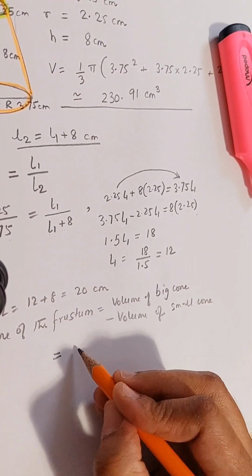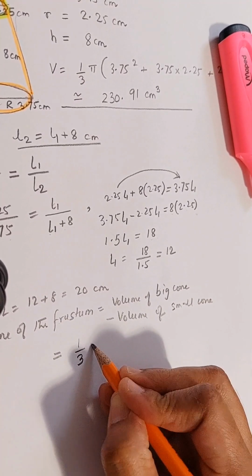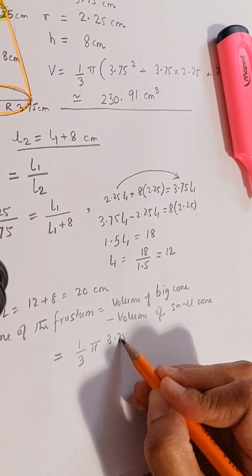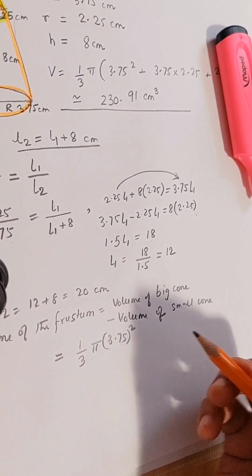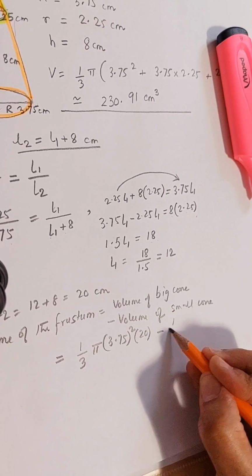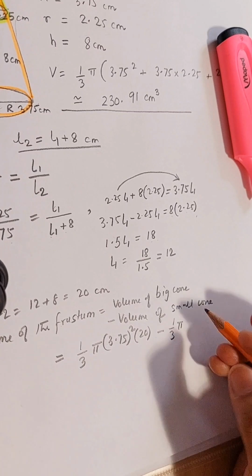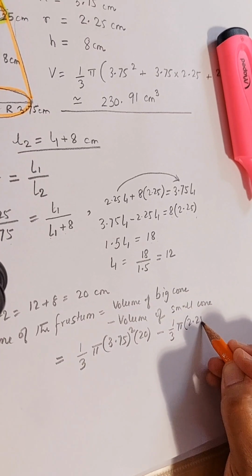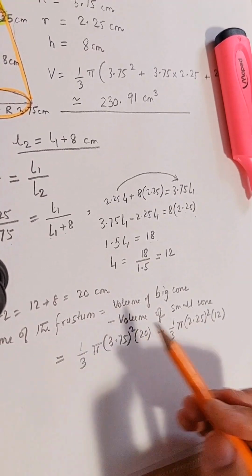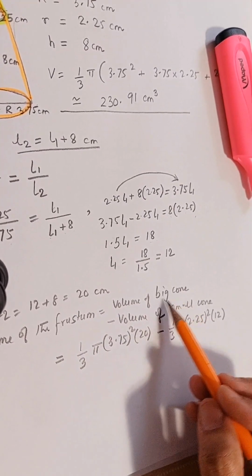So that is 1/3 pi times 3.75 squared times 20, minus 1/3 pi times 2.25 squared times 12, because we are using the volume formula for a cone.